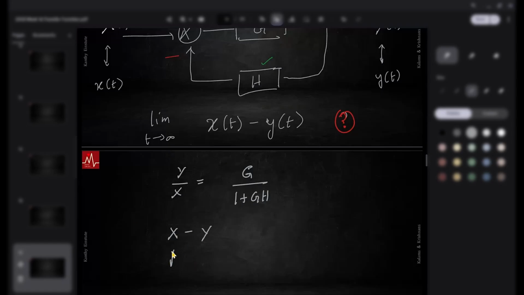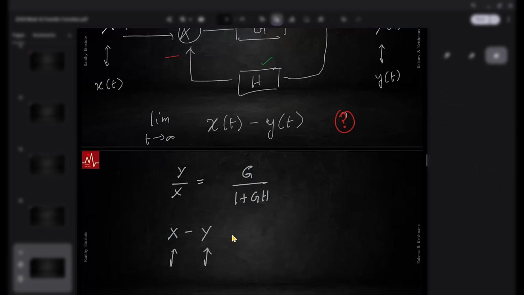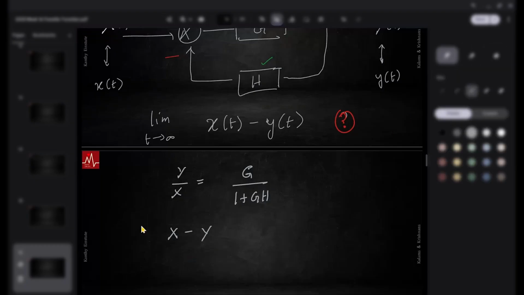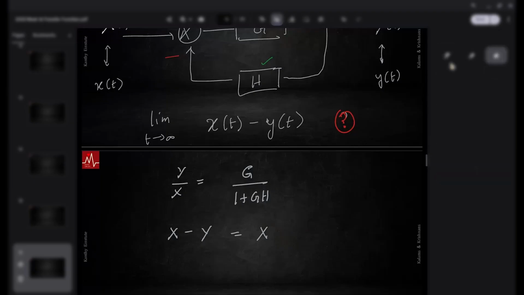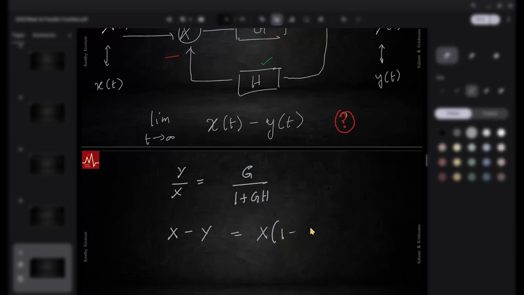If I know this, I can Laplace transform, find the function of t, or I can find something else. So x minus y is essentially x minus y by x, right? So notice this is x into, if I take the x common, 1 minus y by x. So we know this, we know this, we know this. So we know this ratio. The input is known. So we technically know the difference between x minus y.